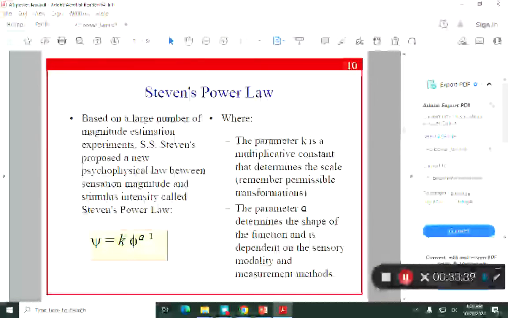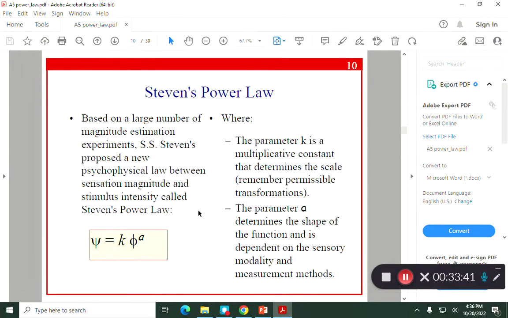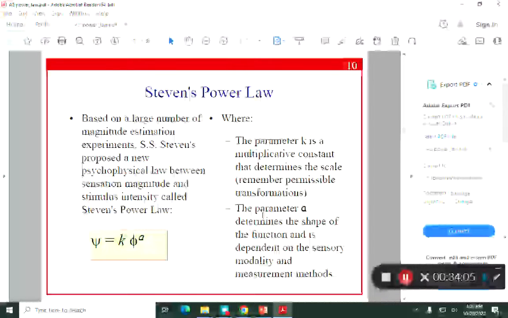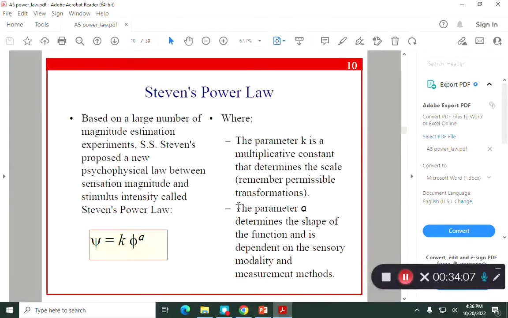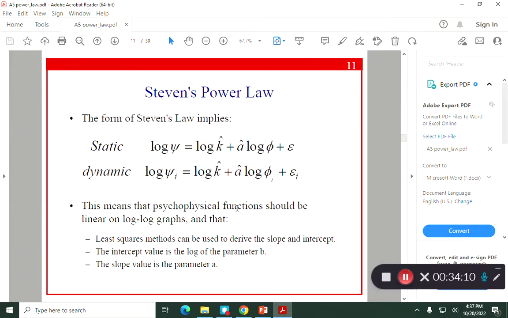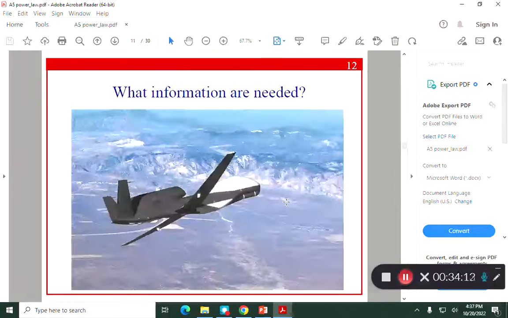If a is greater than 1, it will grow up. If a is less than 1, it will go flat, will even out. And if a is equal to 1, psi equals k times phi, then it's a linear function. So gradually, everything people can sense in our sensory world, how fast, how cold, whatever you're trying to judge, can be translated to this kind of function, okay?